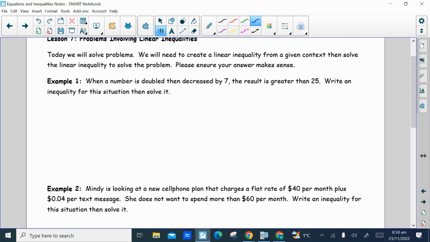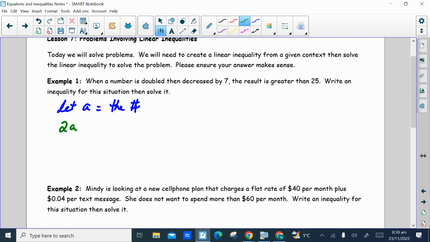So we'll start by choosing a variable, say the letter a, equal the number. That's what we're trying to find. What number or numbers exist so that when we double them and decrease by 7, the result is greater than 25. So once you have your variable set, then you have to write your inequality. And when the number is doubled, that means it's multiplied by 2.